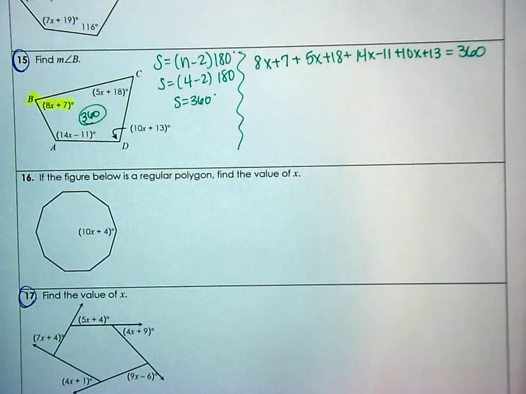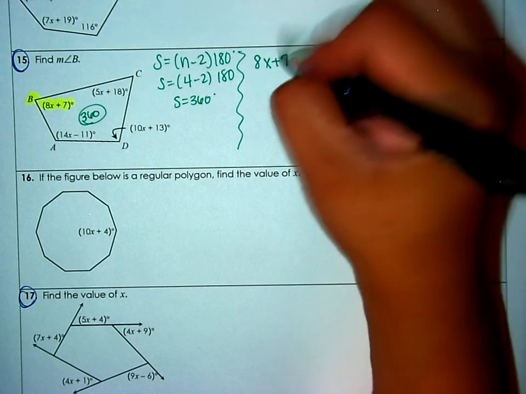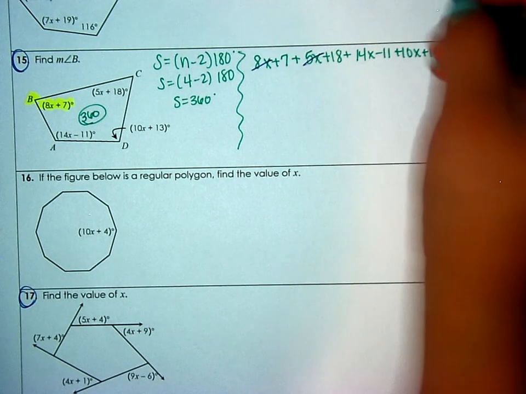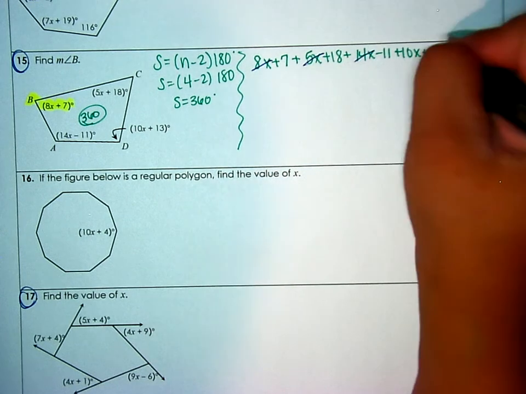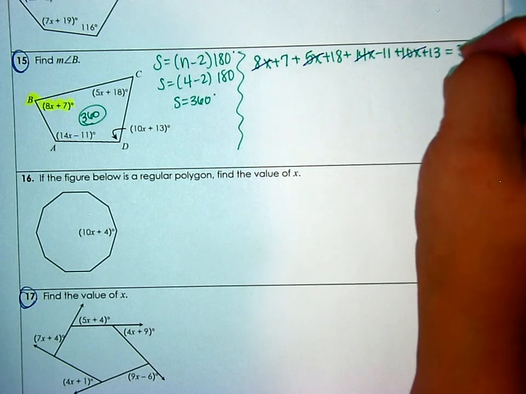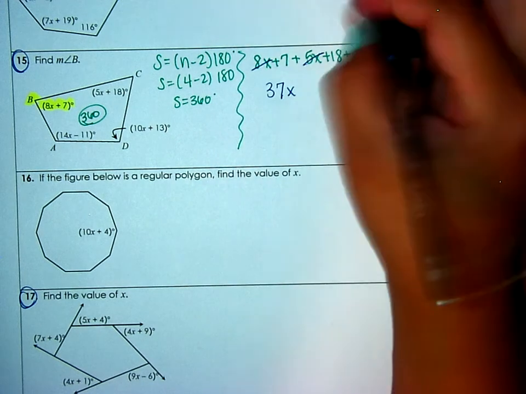Now it looks complicated, but everything on the left-hand side is just going to get added together or subtracted together, and you'll get your answer. So let's go ahead and take this in parts. We have 8 and 5, that's 13. Plus 14 is 27, plus 10 is 37. So that's 37x.